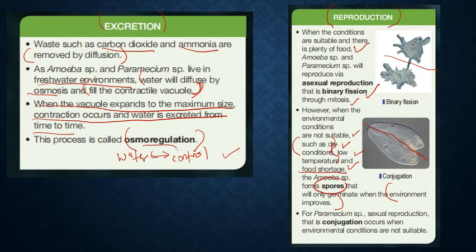Then the spore germinates into another amoeba. However, paramecium will perform the conjugation process when the environmental condition is not suitable.